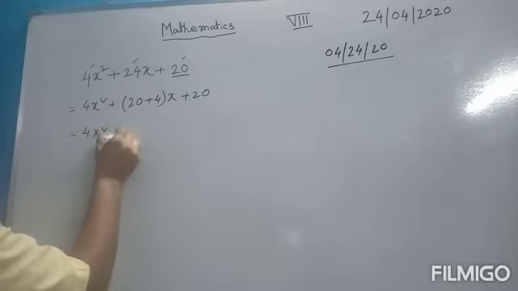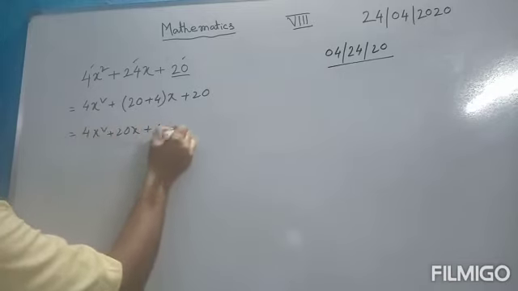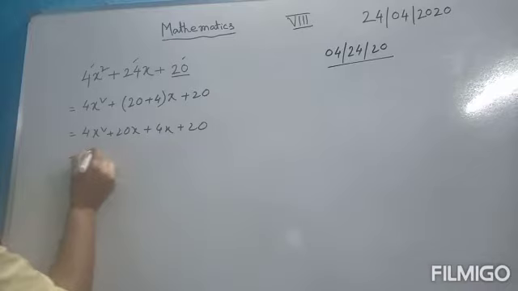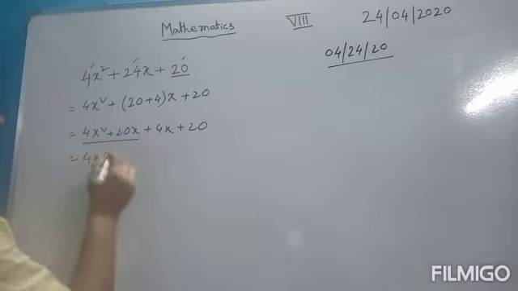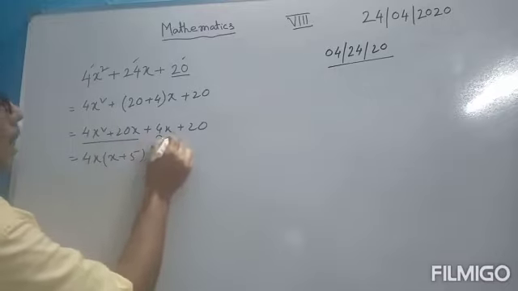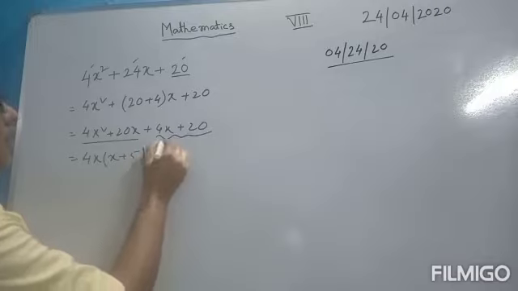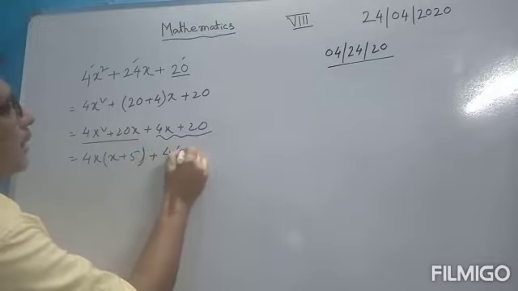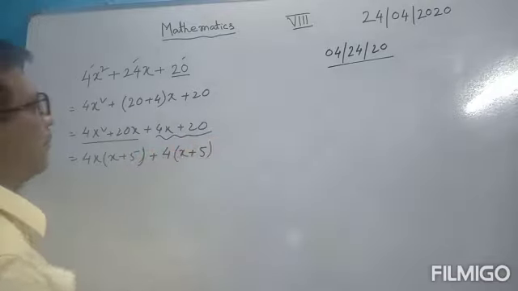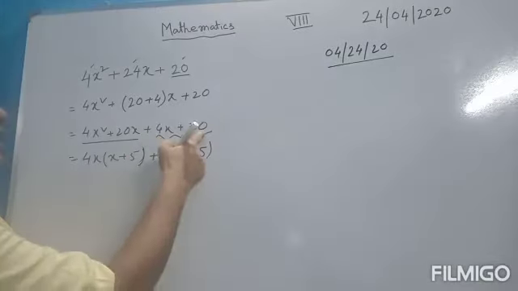4x square plus 20x plus 4x plus 20. From these two, the common portion is 4x, then you get x plus 5. From these two, the common portion, if we take common 4, then we get again x plus 5.